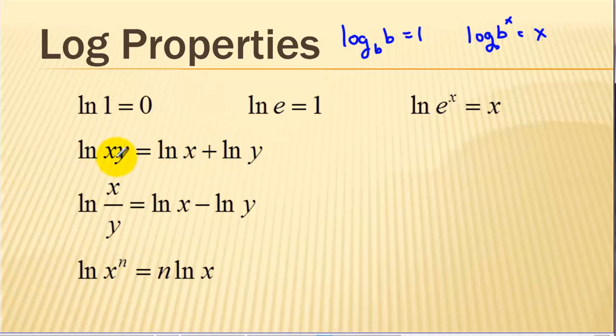So log of a multiplication turns into a sum of logs. Log of a fraction or a ratio is the difference of the two logs. And essentially an extension of this property is if we have a log of some number with an exponent, the exponent comes to the front.